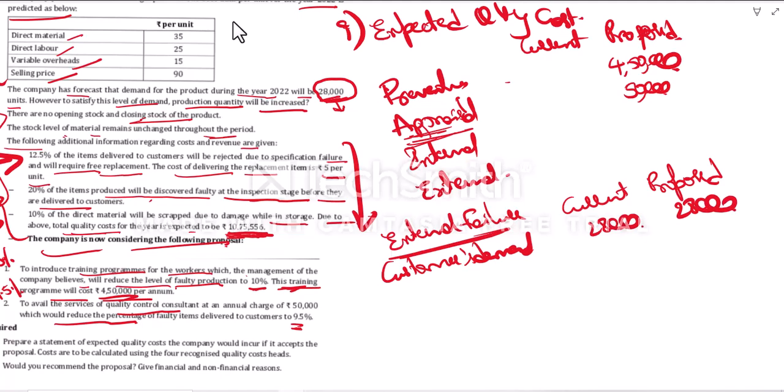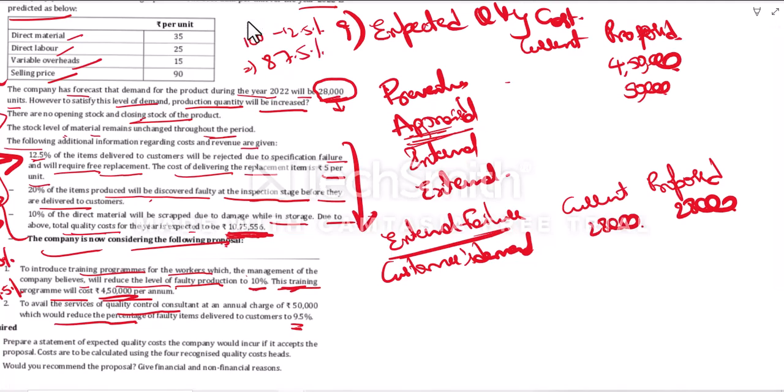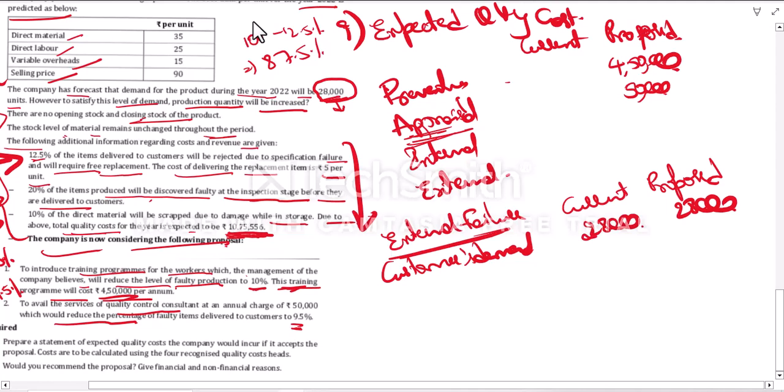Now how many goods are replaced? 12.5% of goods, meaning in 100, 12.5% of goods are replaced. So how many are good goods? 100 minus 12.5 means 87.5% are quality products, so this 28,000 represents 87.5%.